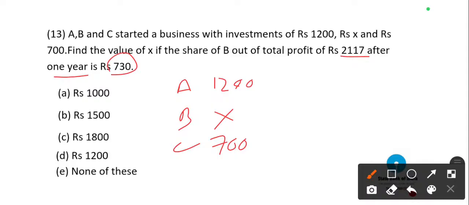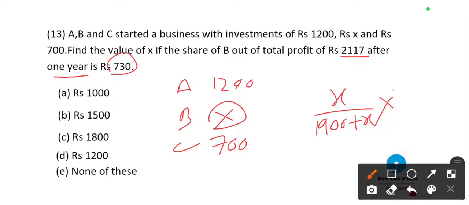So B's share is x divided by the sum of all, 1900 plus x, into the profit, which is 2117. His share is 730, so the whole equals 730. From this we need to find the value of x.